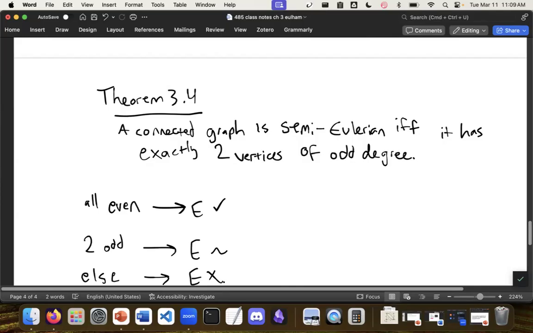Only if we have exactly two with odd degree is it semi-Eulerian. Otherwise, if there's one or three or every, then no.